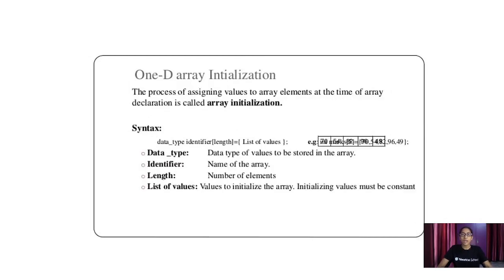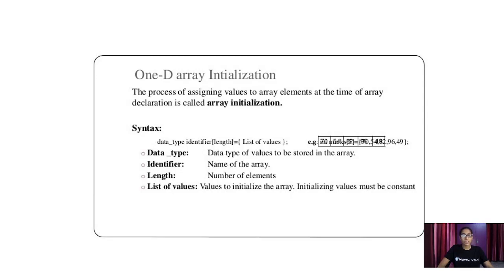Now, the process of assigning values to array elements at the time of array declaration is called array initialization. How do you initialize the array that has been defined? The syntax for initializing the array is data type, identifier, length and the list of values.